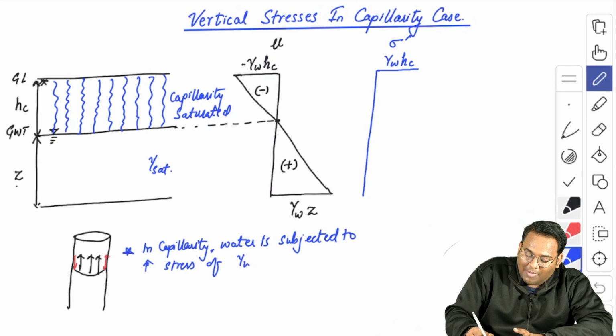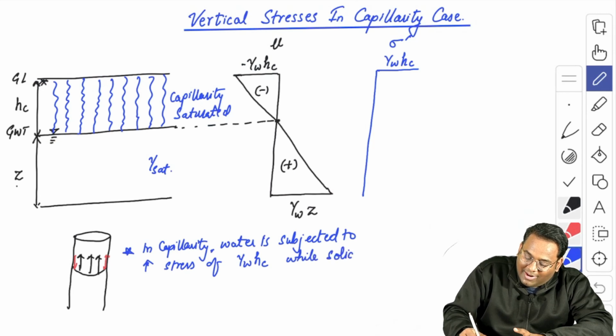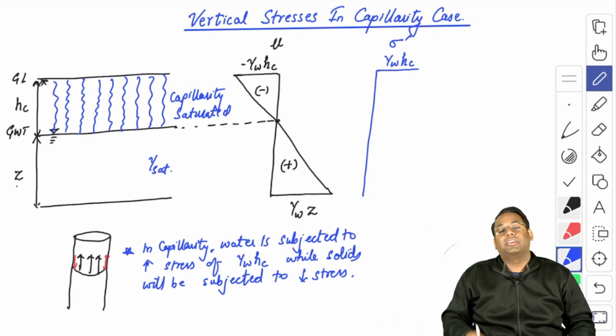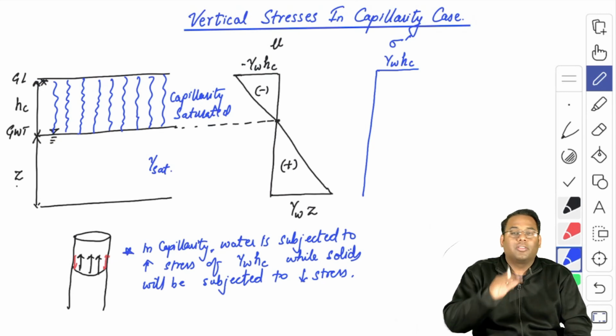That is equal to gamma W into HC, while solids will be subjected to downward stress. And as you already know, this downward stress should be taken as positive in the soil. So that is positive for the sigma dash.